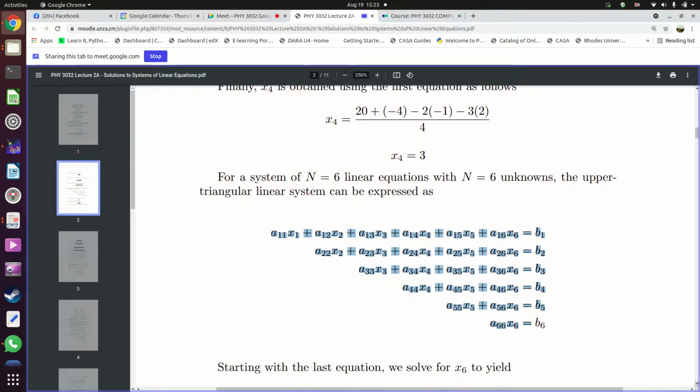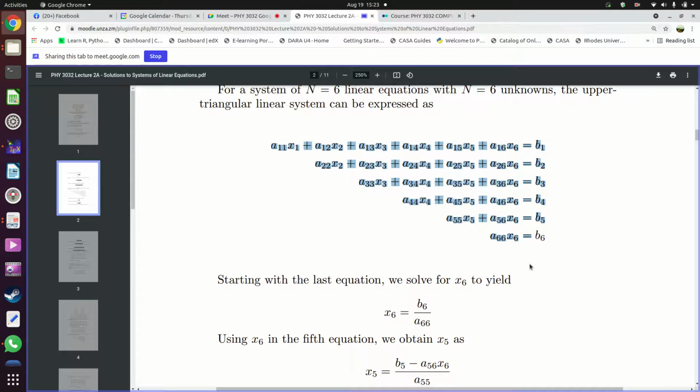As long as you've got a triangular linear system like this, which we have called an upper triangular linear system, then you can solve it using back substitution. So you're going to start with the last equation, a66 x6 equals b6, and work out x6. In that case, x6 is going to be b6 divided by a66. Are we clear?